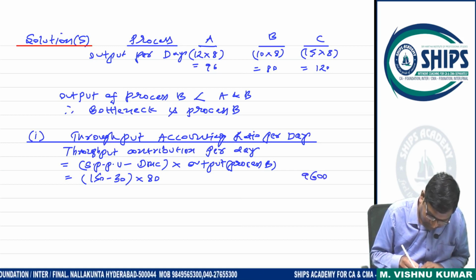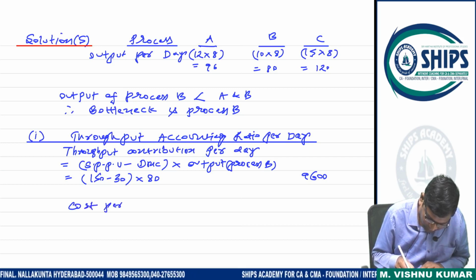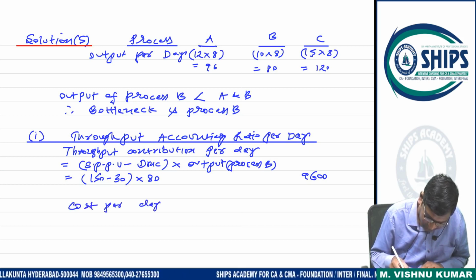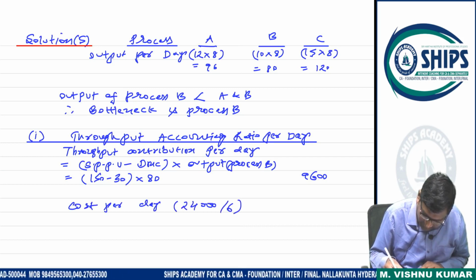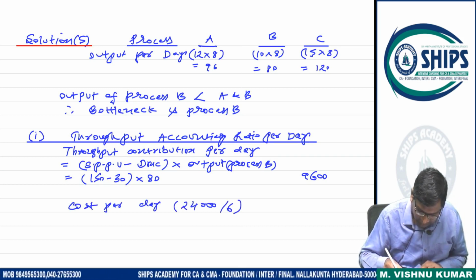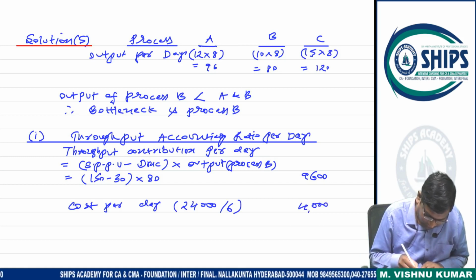9600. Now cost per day: 24,000 divided by 6. 24,000 is for the week and weekly 6 days are there. So 4,000.